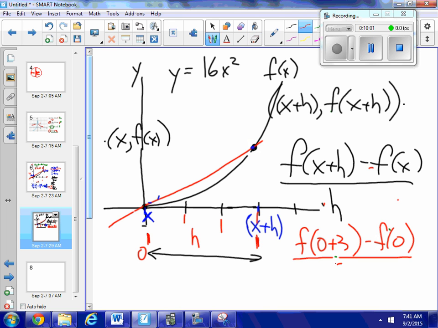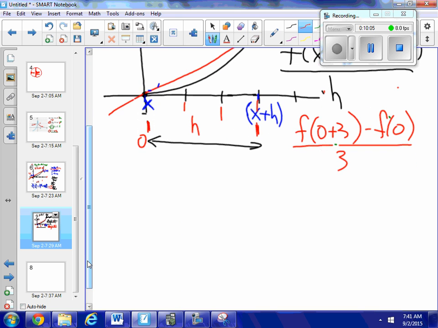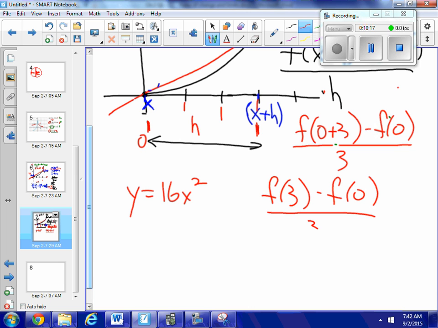which was 3. So let's work it out. I have the function was y equals 16x squared. So I have f of 3 minus f of 0 divided by 3.